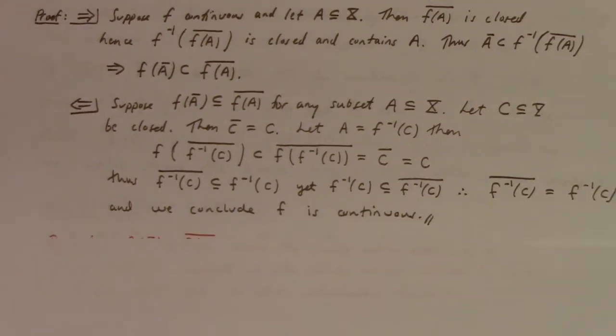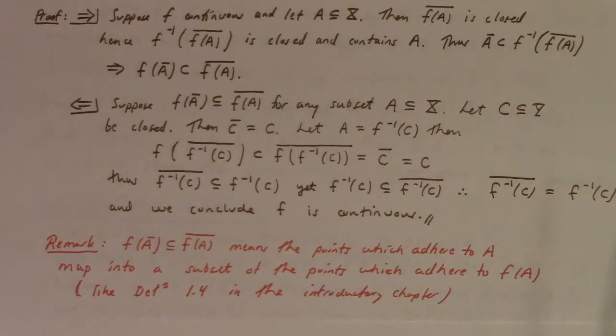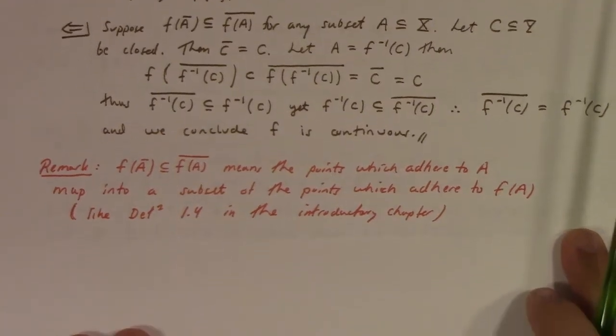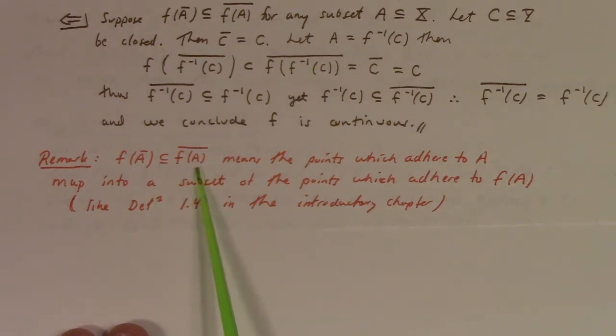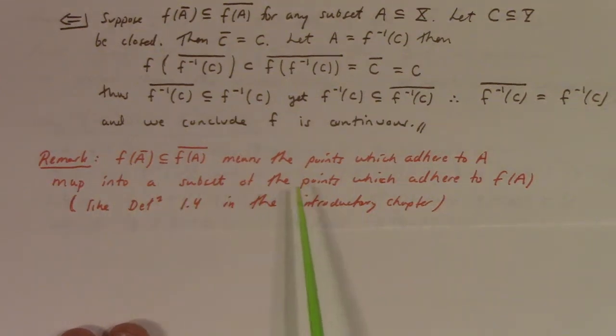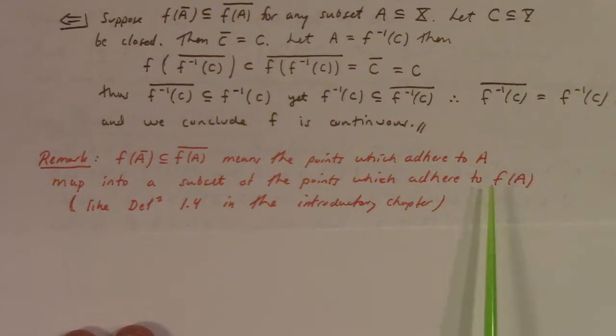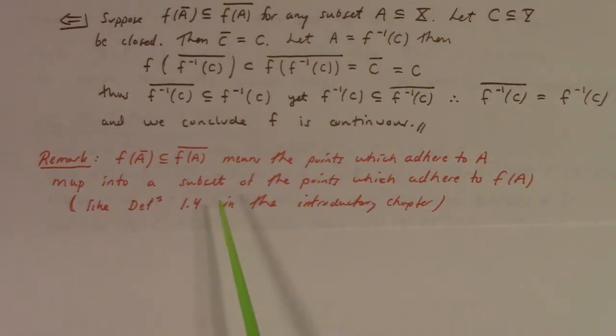there you have it. So just a remark here. The image of the closure being a subset of the closure of the image means that points which adhere to A map into a subset of the points which adhere to f of A. So this is very much in line with what we were talking about in definition 1.4, where we were talking about continuous maps being ones which kind of don't tear the space, right?